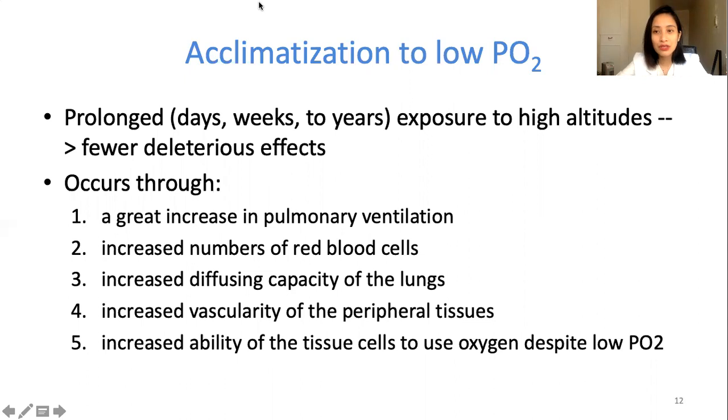And there's also neovascularization, increased vascularity of the peripheral tissues, and increased ability of the tissue cells to use oxygen despite low PO2. So this happens gradually, with chronic exposure to high altitudes, as your body slowly compensates for the lower PO2 levels.